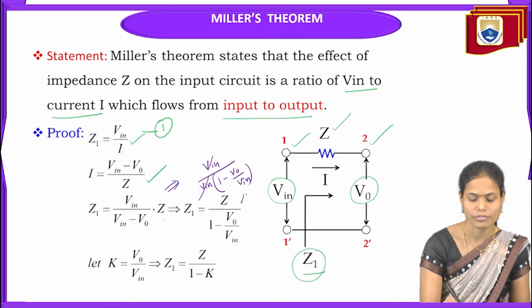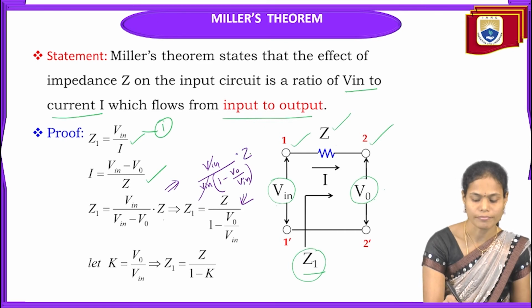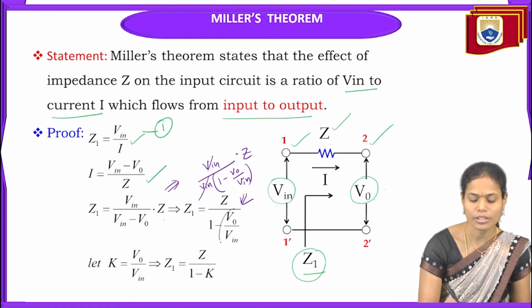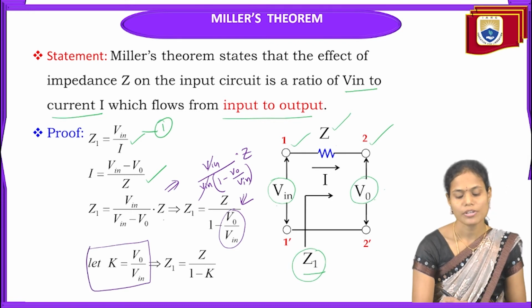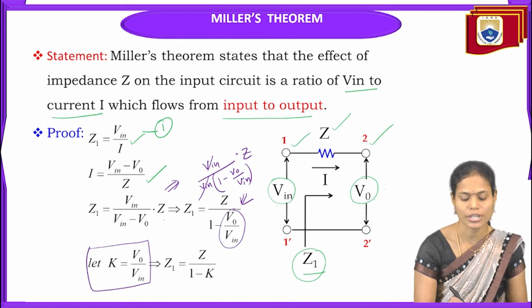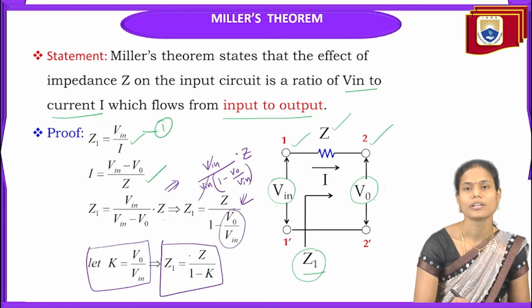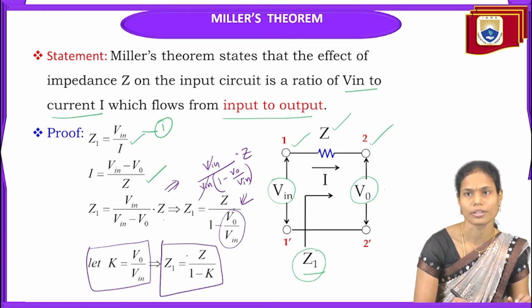So we get the expression Z by 1 minus V naught by V in. Here V naught by V in is nothing but K, which we have already assumed. So Z1 equals Z by 1 minus K. This is how we derive the input impedance.